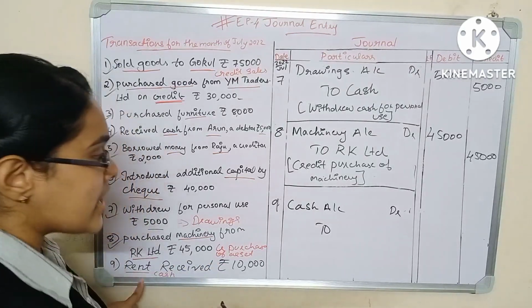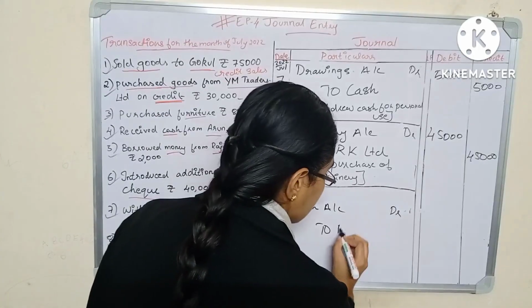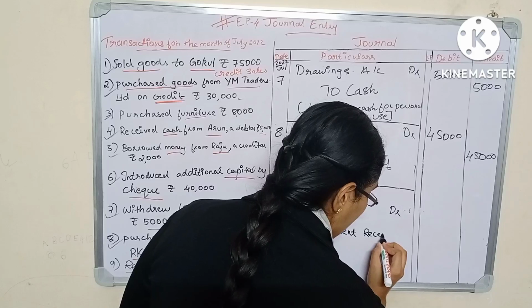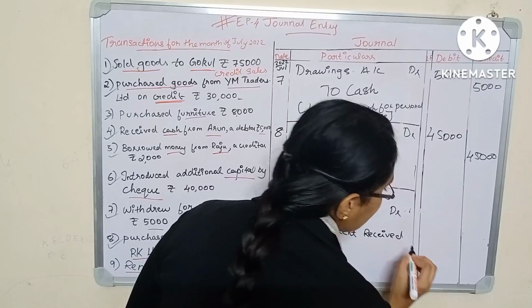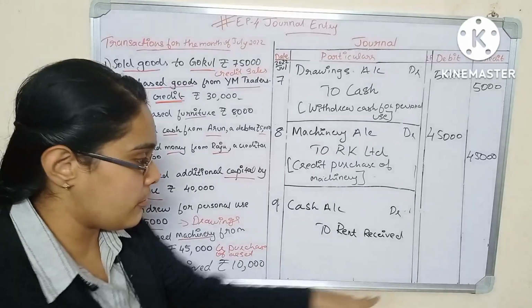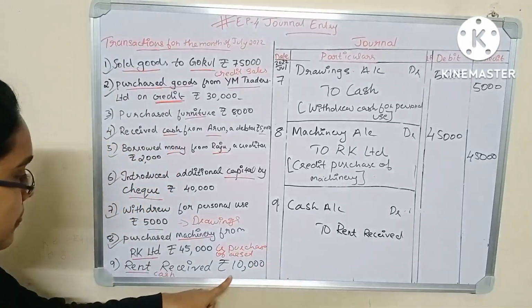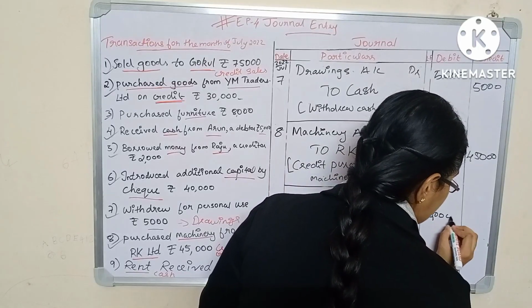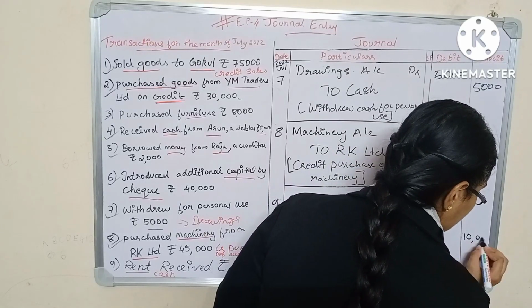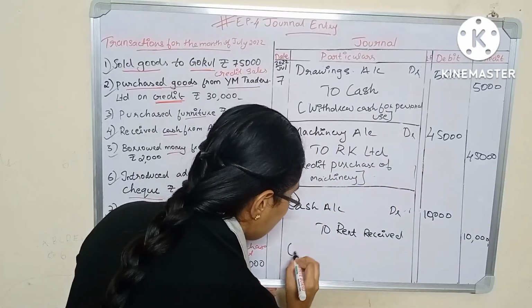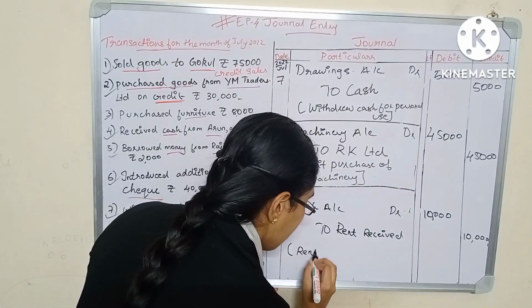So here rent received is an income, so I will credit it. You should write rent received itself, because you can pay rent as well as receive rent. What is the amount? 10,000. So I will write 10,000 in the debit column and the credit column. What can you write as a narration? Rent received itself.